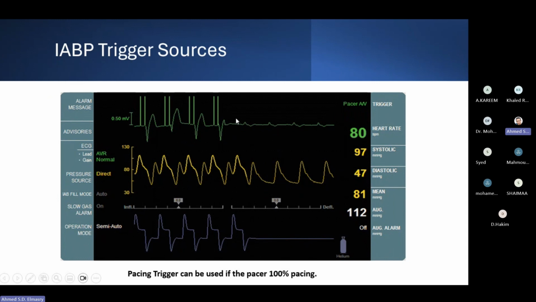But once you lost the paced rhythm, the machine stopped the inflation. So this is very important if you are using the pacing as a trigger. You have to make sure that the patient is having a paced rhythm 100%. In case of loss of the pacing, you will not be able to inflate the balloon, and you will not be able to improve the hemodynamics for that patient.